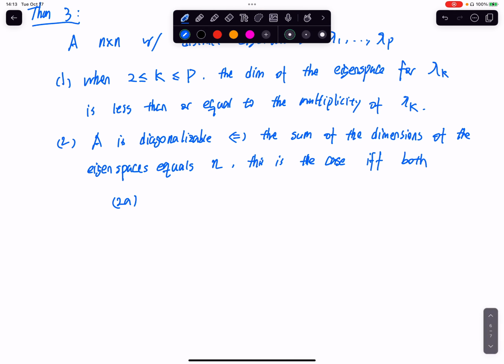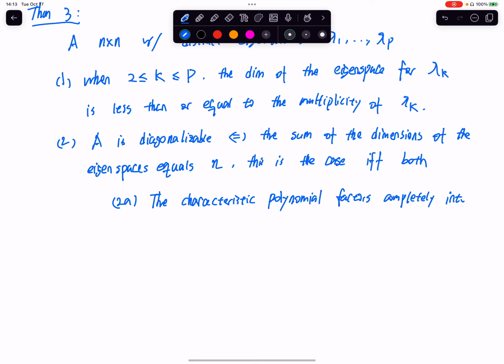So 2a is that the characteristic polynomial factors completely into linear factors.